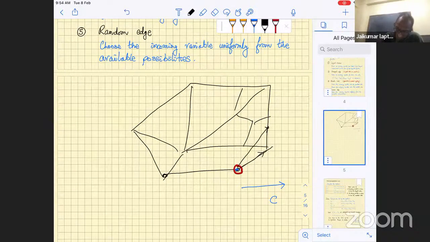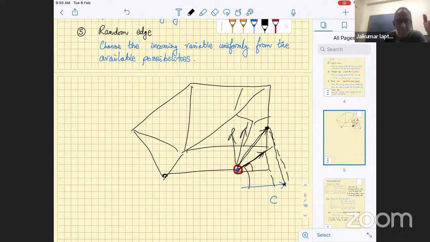Now, my lines are not quite parallel, but this one is actually giving you a greater improvement than this. But this direction makes the best angle with C. So it is most aligned to C. So among the various directions that are available here, don't pay attention to how much increase happens in the objective value.